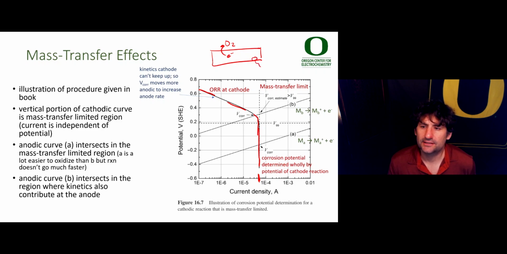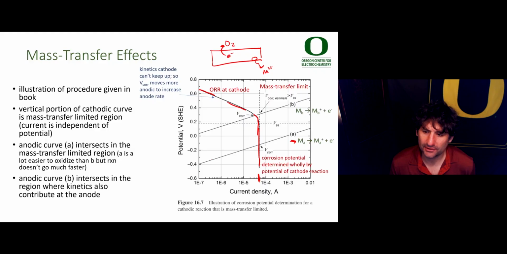And that's allowing at some other site metal ions to be formed, for example. So let's imagine the oxygen reduction reaction occurring with 2 different metals. So metal A, very strong driving force to corrode, very negative corrosion potential.